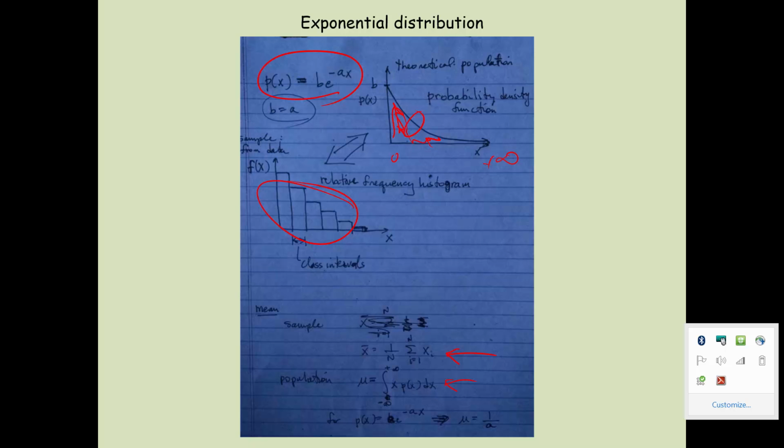For the exponential distribution that we see above, the value of mu is equal to 1 over a, because a is equal to b, as I talked about above.